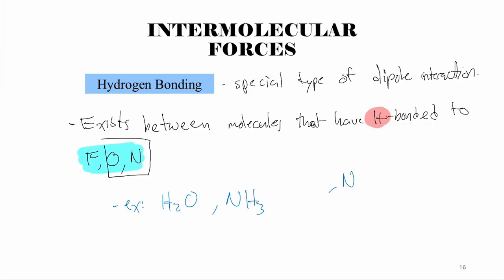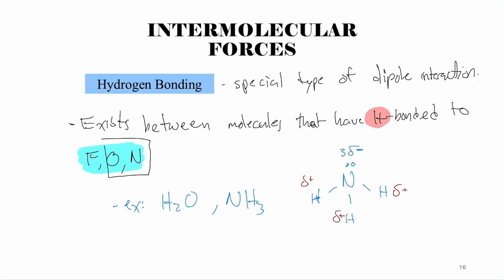And so for ammonia, this is what the Lewis structure looks like. We have a special, very partial positive charge on these hydrogens because nitrogen is so electronegative, and then a very partial negative on this nitrogen.